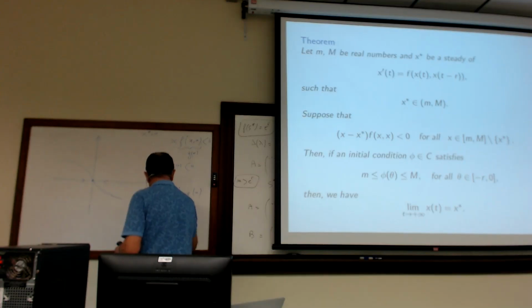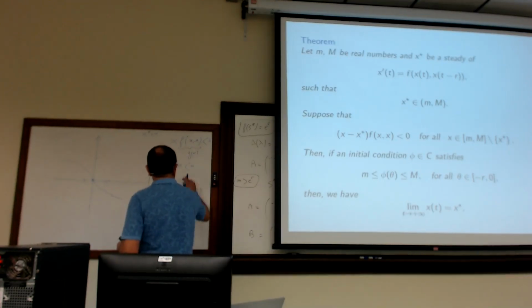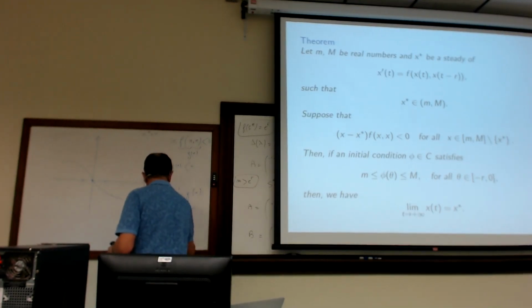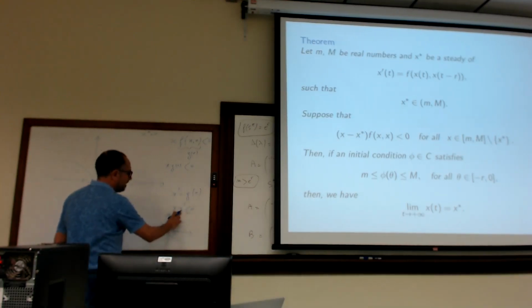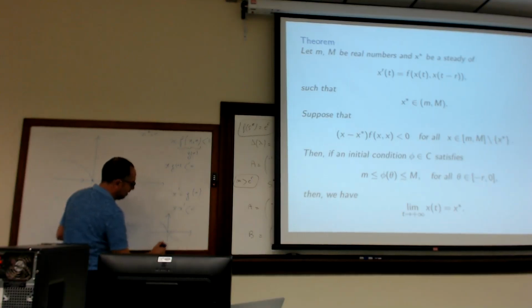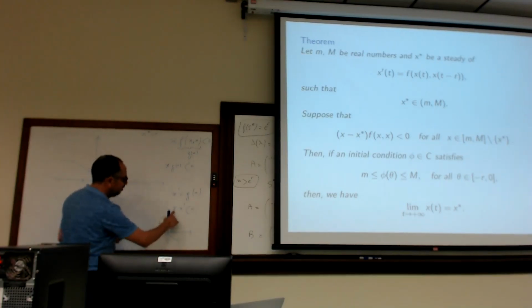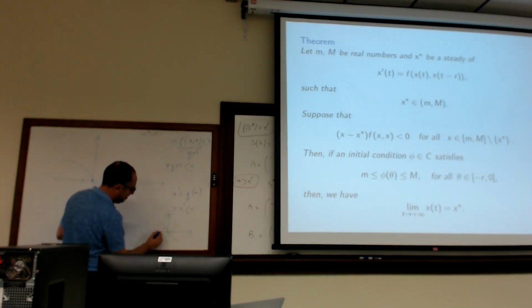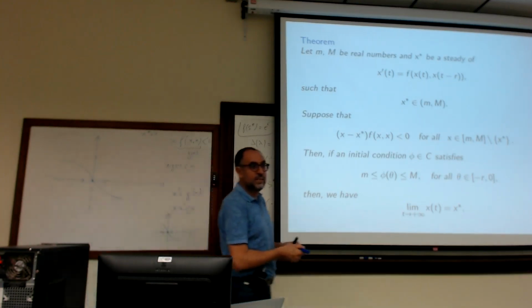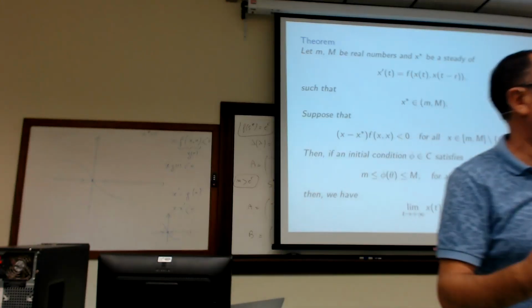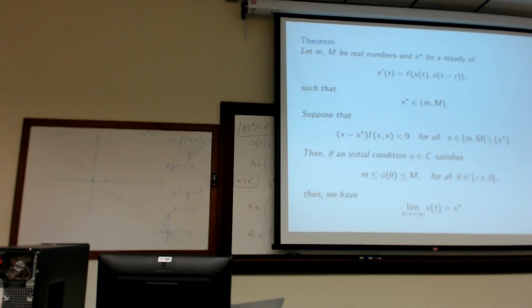That means if x is positive, the derivative is negative, and if x is negative, the derivative is positive. And you have the stability of 0 as steady state, it is attractive of the solution. It's the same idea here.